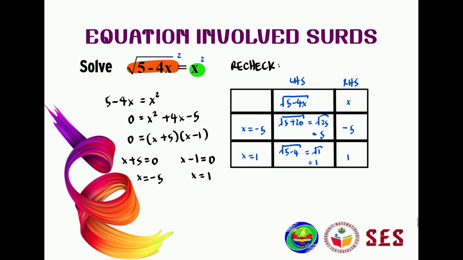When x is equal to minus 5, its left-hand side is not equal to its right-hand side. And because of this, we are going to reject this. Next, take a look at this one. Since the left-hand side matches with its right-hand side, we're going to accept this answer. So our final answer should be, therefore, x is equal to 1.